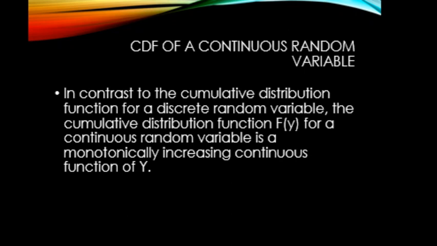Now let's compare this to a continuous random variable and try to understand how the cumulative distribution function F of y is different. The CDF for a continuous random variable is a monotonically increasing continuous function of y. What does that mean? It won't be a step function. We will not have jumps, but it will be a continuous function, something like this. Here again, the probability starts at 0.